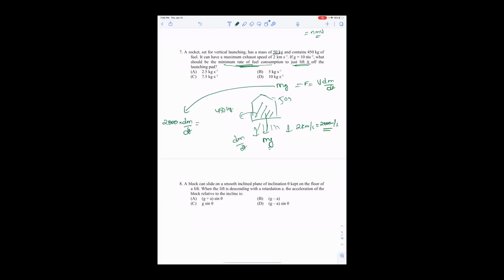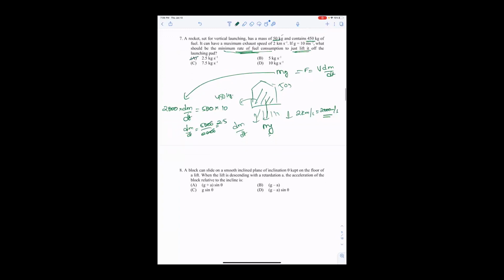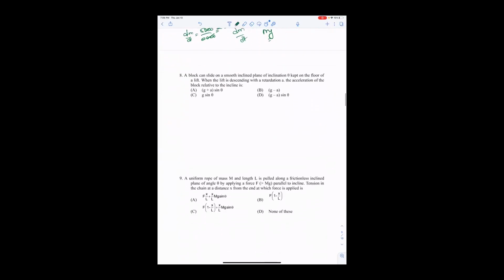Mass is 50 plus 450. Don't just write 450 or 50. Add it. 500 kg, and g is given as 10. So dm by dt is 5000 by 2000, which is 2.5 kg per second. Hope you understood this, guys. 2.5 kg per second. Next one.